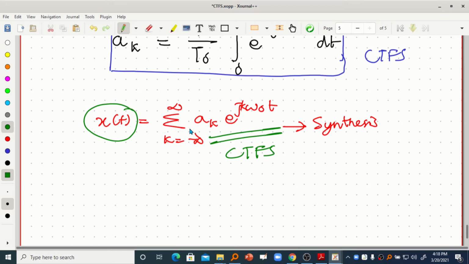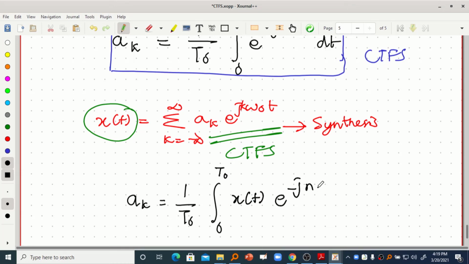We have also derived another equation just now, that is a_k is equal to 1 by T0 into the integral from 0 to T0 of x of t into e power minus j k omega 0 t dt, and this equation is known as the analysis equation of continuous time Fourier series or CTFS.